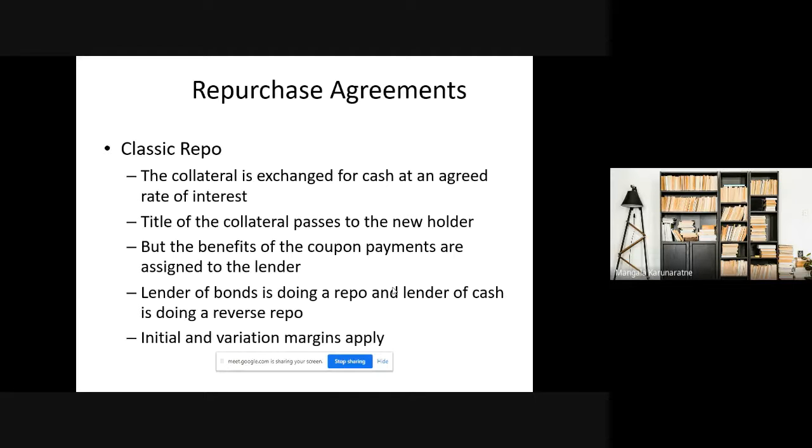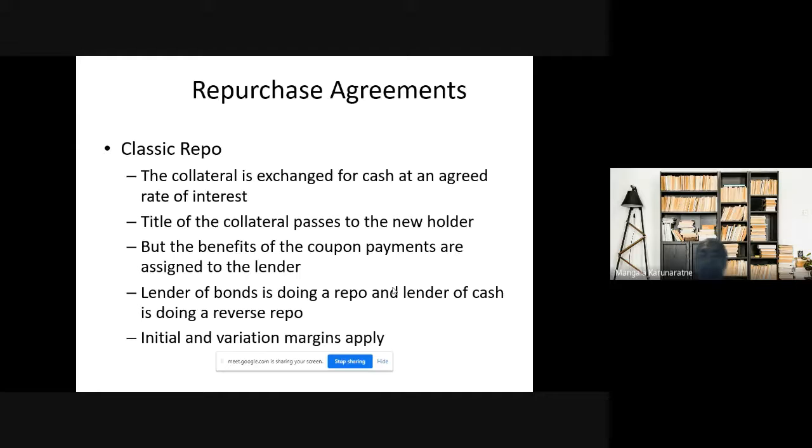The CDS account. And what happens? In between, if he receives a coupon, right? The coupon payment is not his actually. That is the lender's.